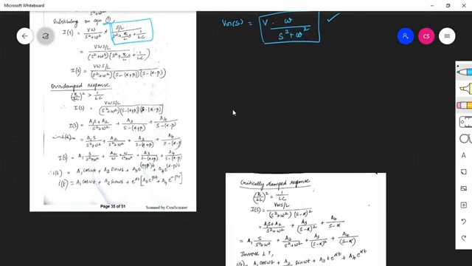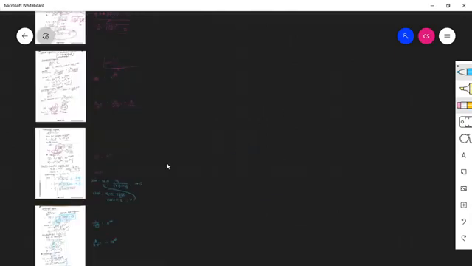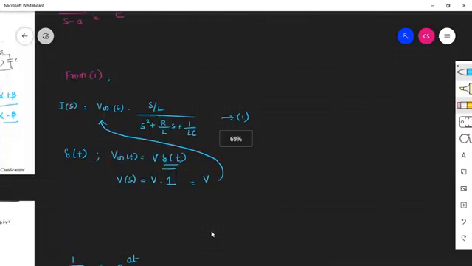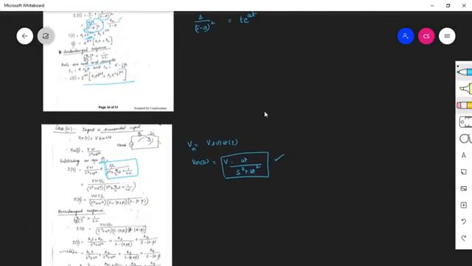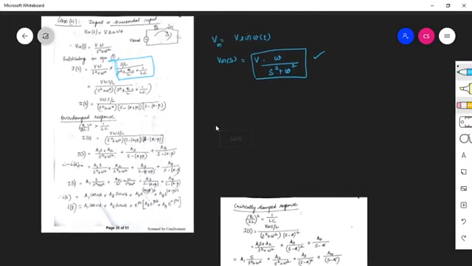So the denominator, we know that for this term the two roots are alpha plus beta and alpha minus beta.